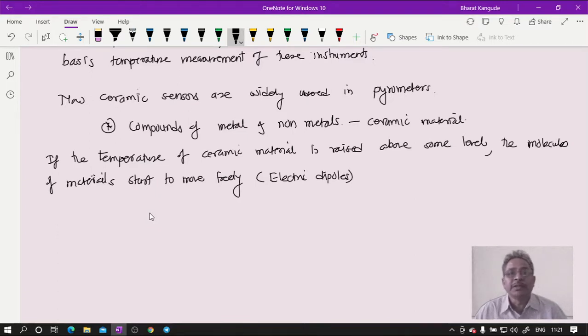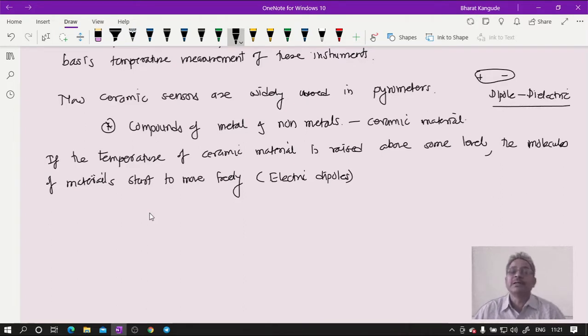So whenever temperature is increased to a certain extent, the electric dipoles or the molecules move. Actually ceramics are materials having clear-cut positive and negative charge centers. So this is a dipole, or that is also called dielectric dipole or dielectric materials.